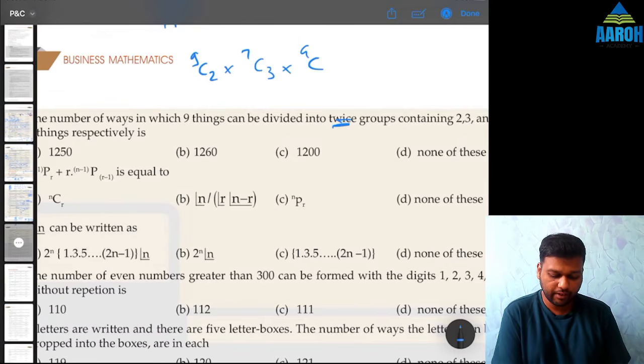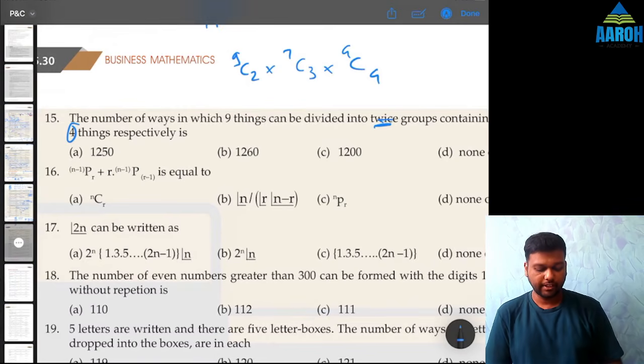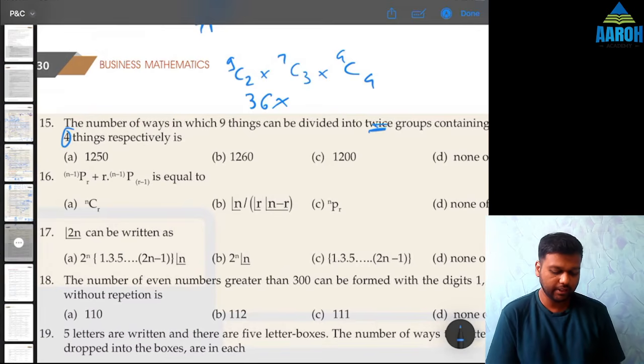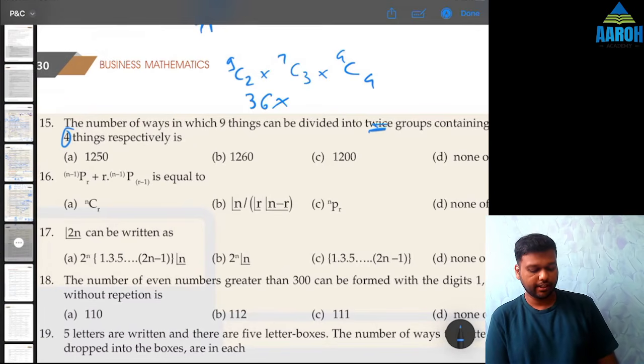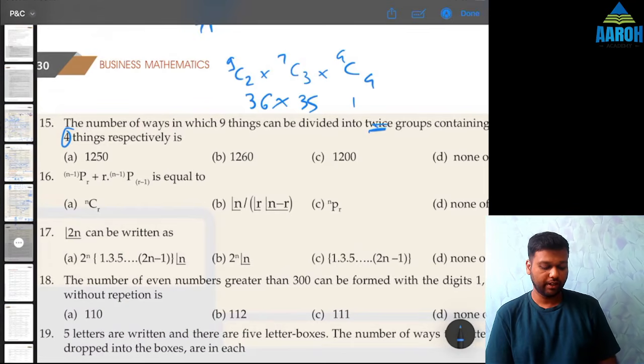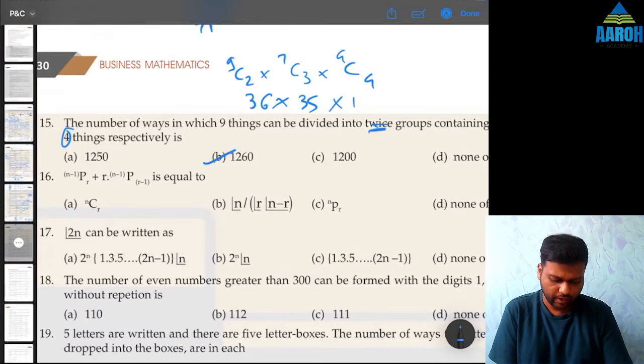Now 4 things are left, out of which we have to select all 4. Right, so this will be the answer. What is 9C2? 9 into 8 by 2 is 36. Into what is 7C3? 7 into 6 into 5 by 3 factorial 6, that is 35. This is 1. So 36 into 35 is what? 1260, option B. Okay, fine.